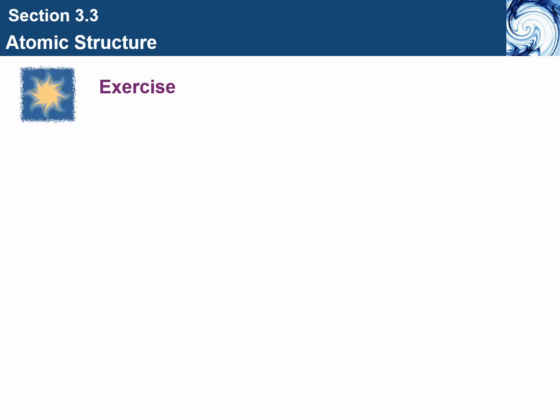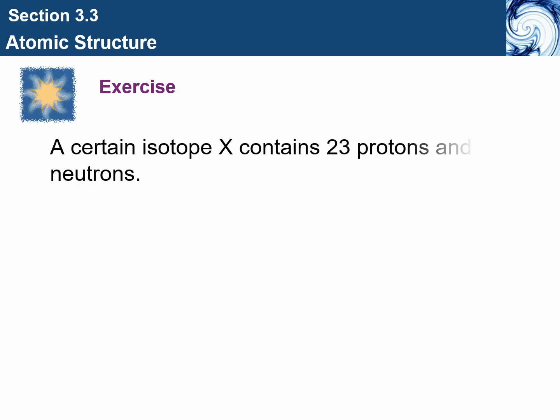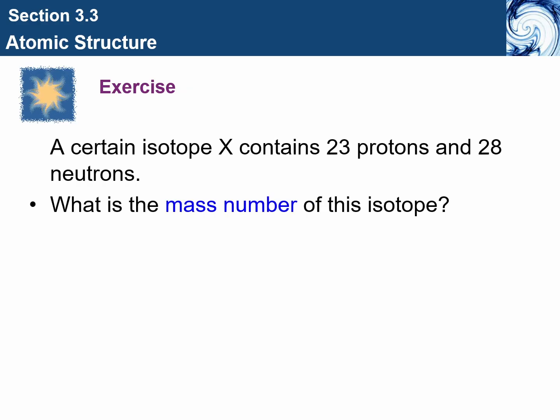Concept check. Just kidding. Exercise. A certain isotope contains 23 protons and 28 neutrons. Identify the element. First, we could probably figure out what the element is. You just have to go and look at a periodic table.